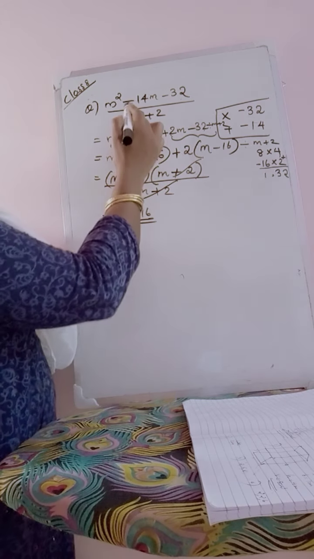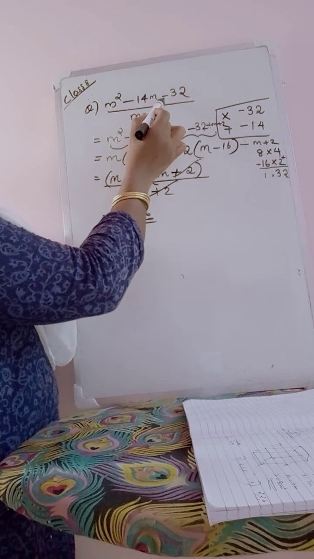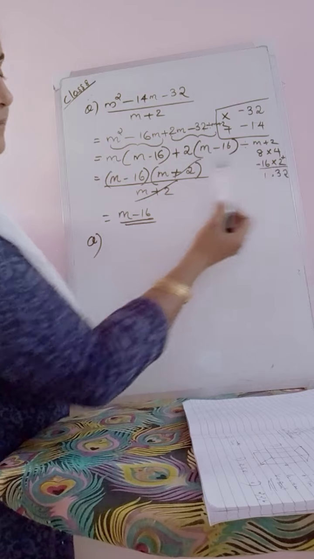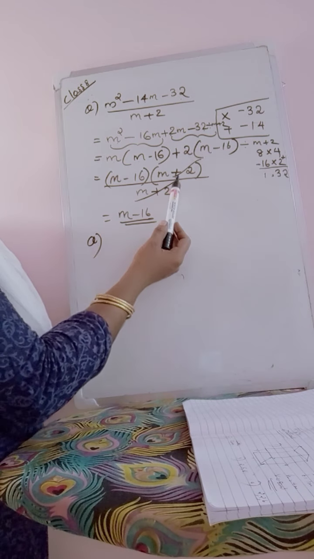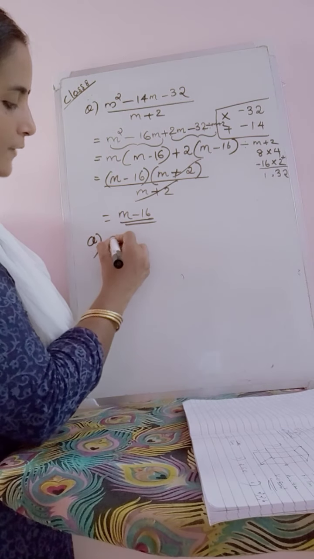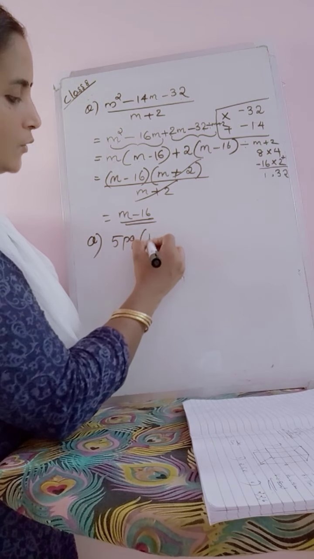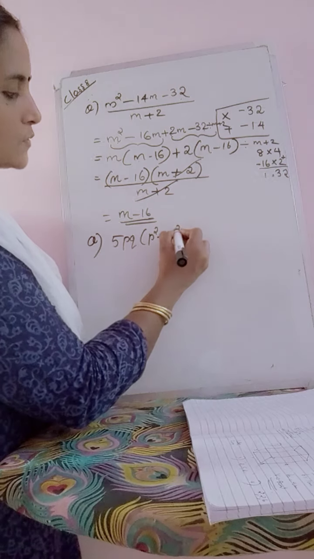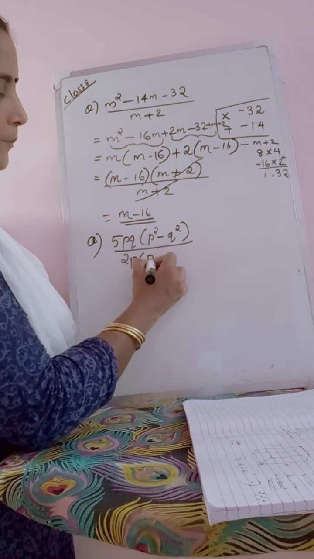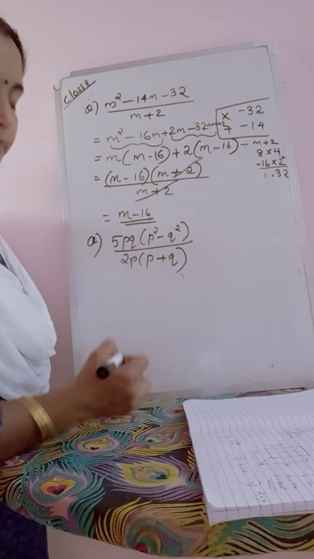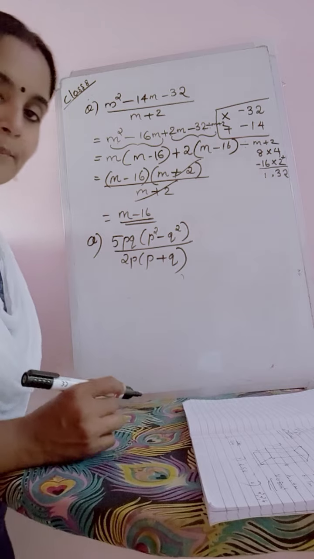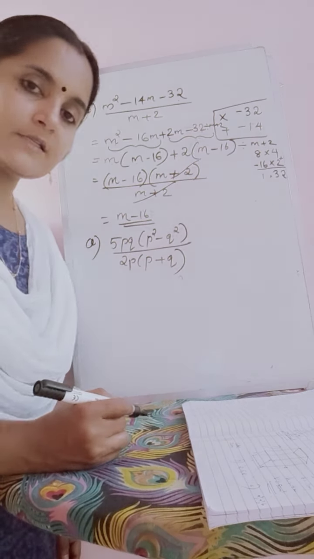Hope you understood this. At the time of multiplying negatives, you put the sign correctly. Otherwise, you don't get the common factors. Okay. Another question, 5pq into p square minus q square by 2p into p plus q. Here in the numerator we can apply an identity. Which is that identity?